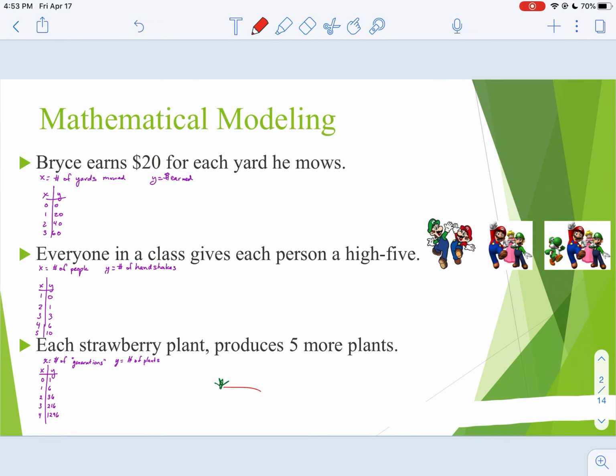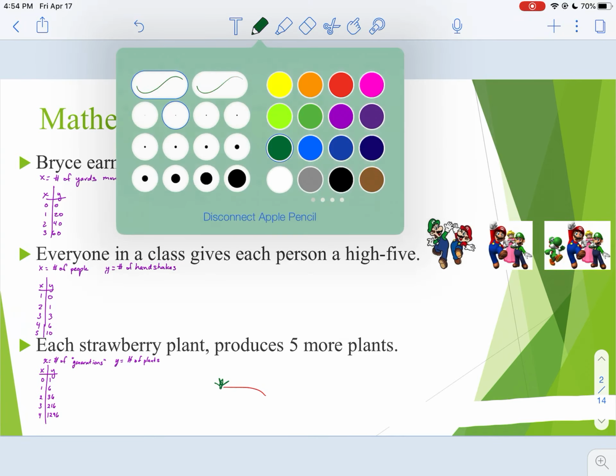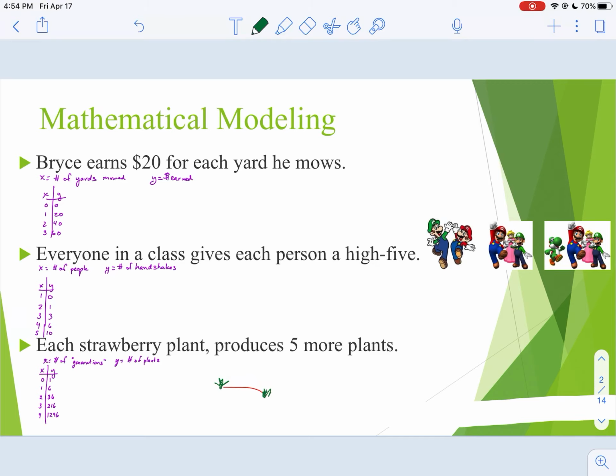They actually are kind of greenish red. And then a new strawberry plant grows there. And so I'm saying, let's say hypothetically, each strawberry plant puts out 5 runners and grows 5 more strawberry plants. Even green and red like strawberries, huh?